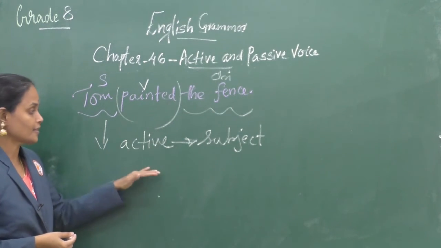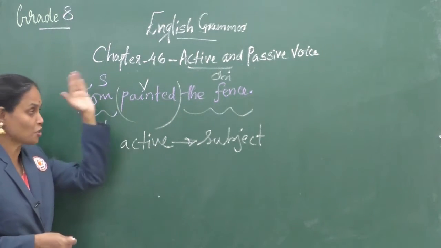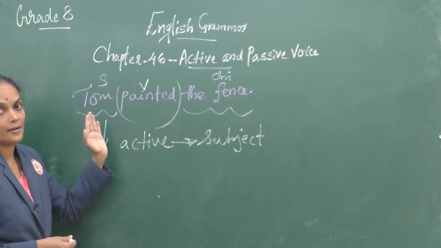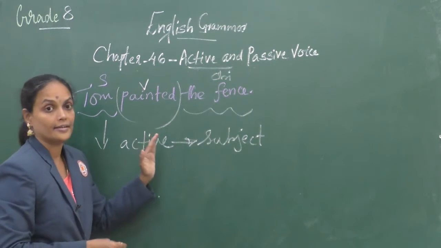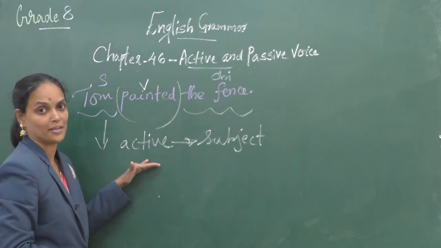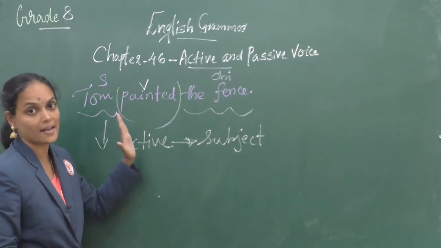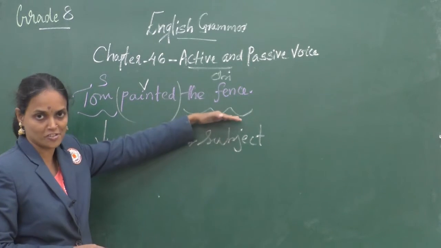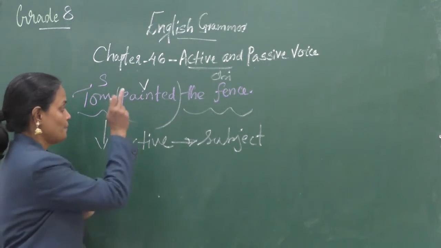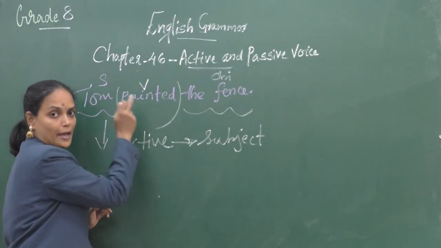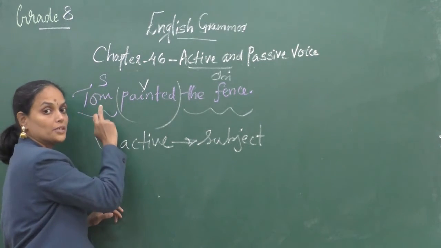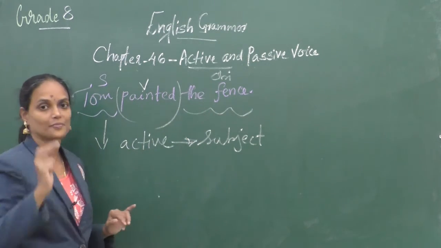Correct? In this sentence, the subject is more important. The sentence talks about the subject and the subject is active. It does an action here. The subject does an action in this sentence. And the verb painted talks about the subject who does an action here.